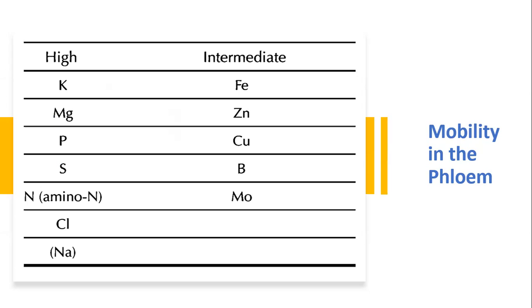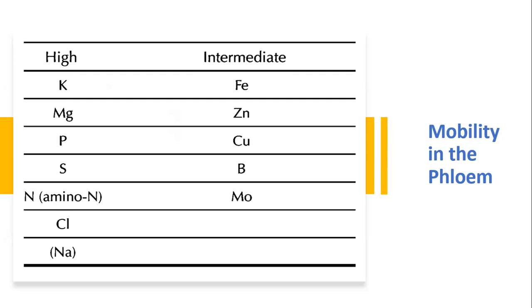Mobility of the ions: if we talk about the inorganic ions, potassium, magnesium, phosphorus, sulfur, and chloride, sodium, they are highly mobile in the phloem. When we say highly mobile in the phloem, it means they are transported to where they are needed, either in the growing tips or in the reproductive parts.